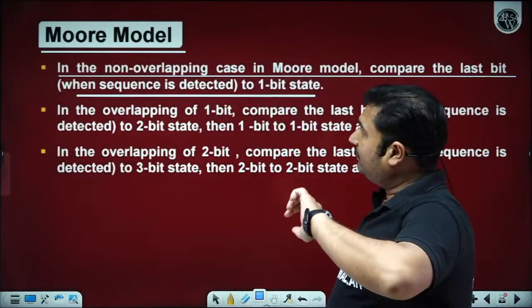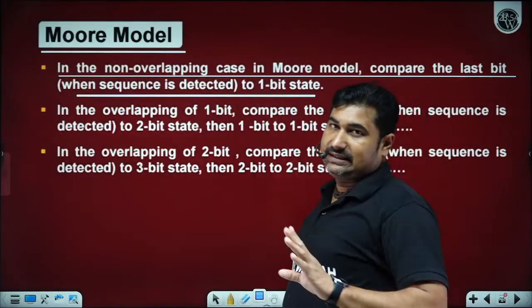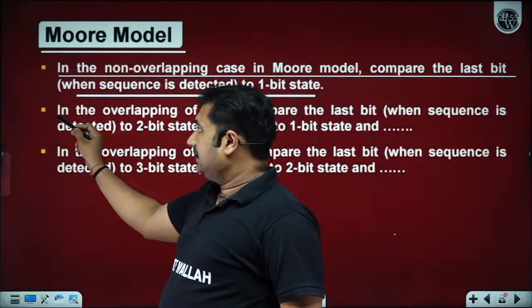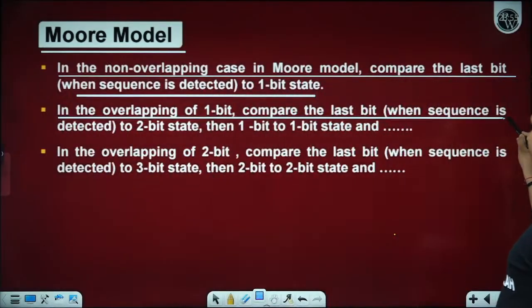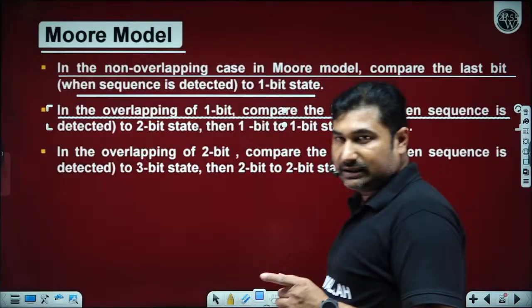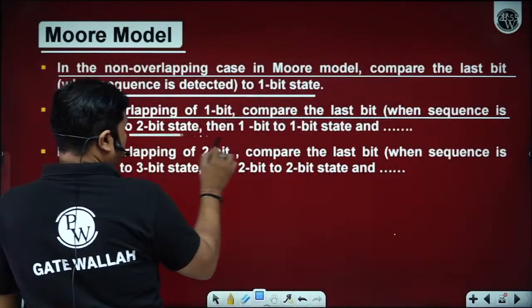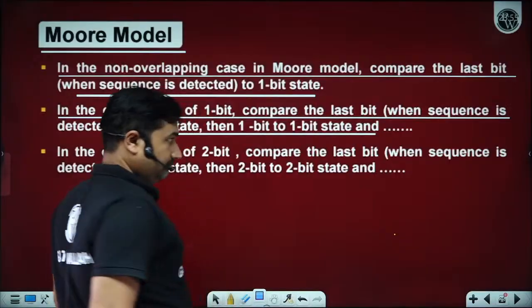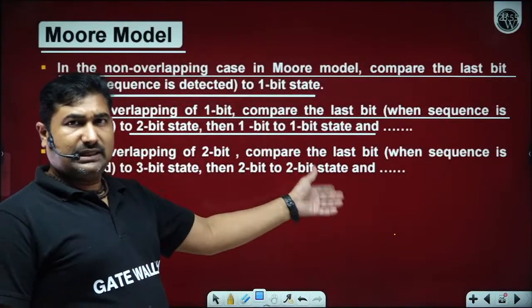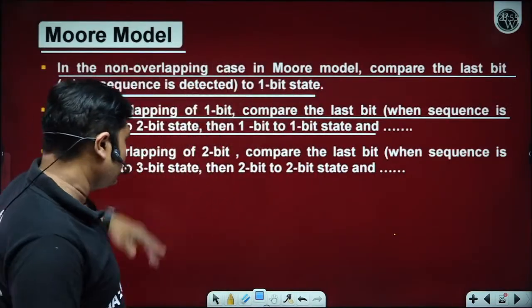Here, we compare the last bit with the 1-bit state. Same, in overlapping of 1 bit, compare the last bit when the sequence got detected to the 2-bit state. If it matches, okay, otherwise compare the last 1 bit with the 1-bit state and so on.